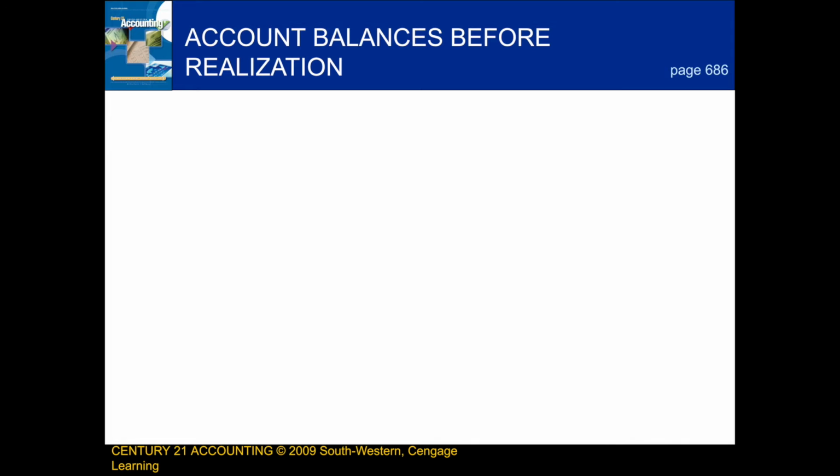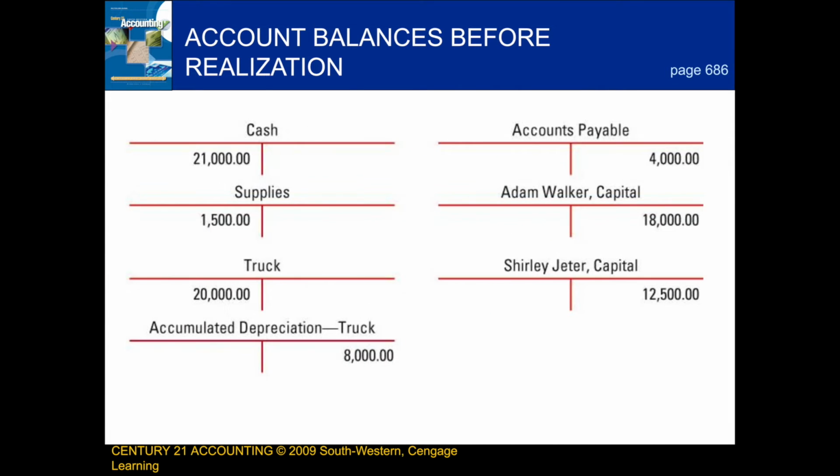Next we're going to be talking about the account balances before realization. As you can see, the cash account has a beginning debit balance of $21,000. The supplies account has a beginning debit balance of $1,500. The truck account has a beginning debit balance of $20,000.